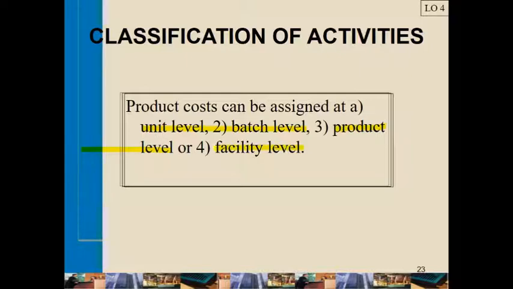Again, a pure ABC system does not assign the cost of facility level activities to the products. These costs would be treated as period costs, or they come in as your fixed costs, right? Going back, you cannot specifically pinpoint them to a specific product. So it is treated as a period cost, while the other 3 levels are treated as part of your product cost.